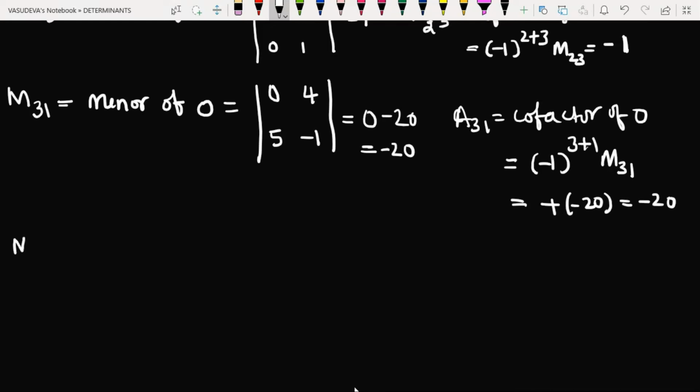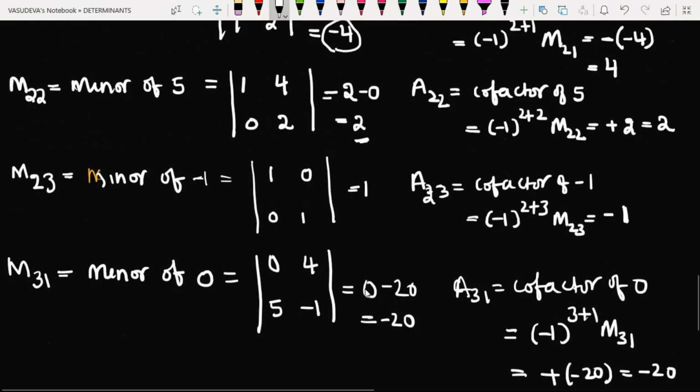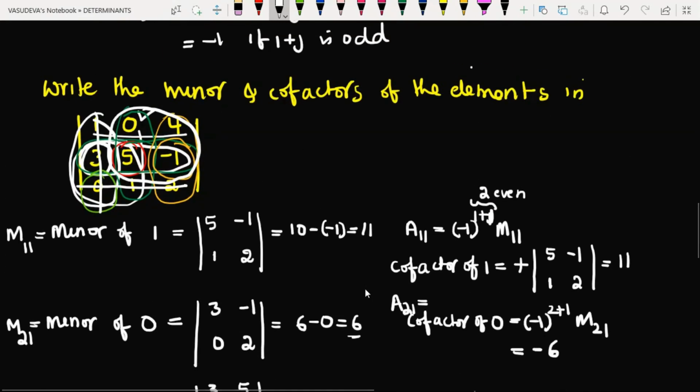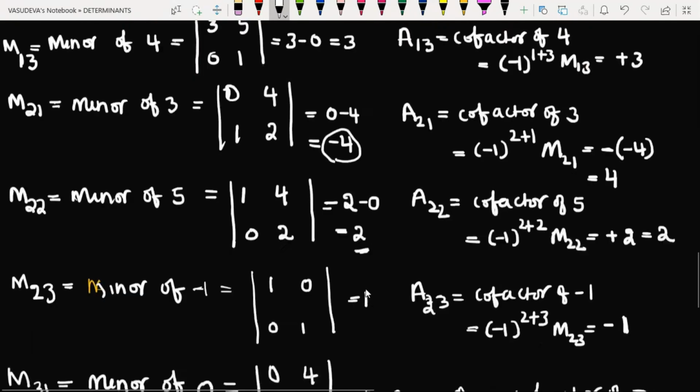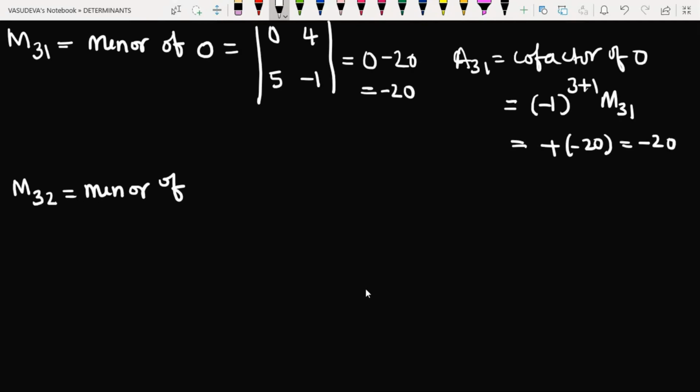Now let's consider M32, the minor of the element in the third row and the second column, which is 1 here.